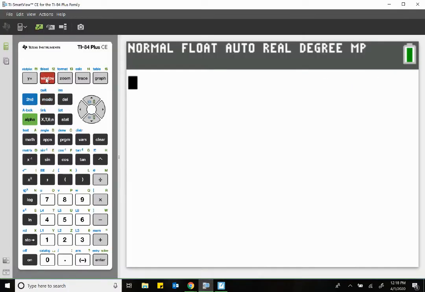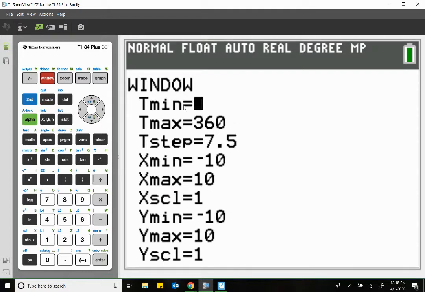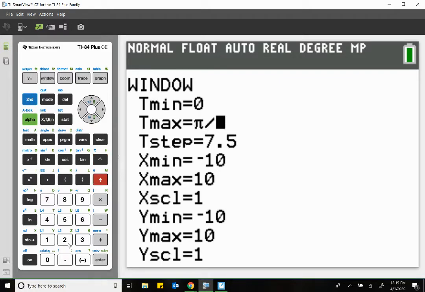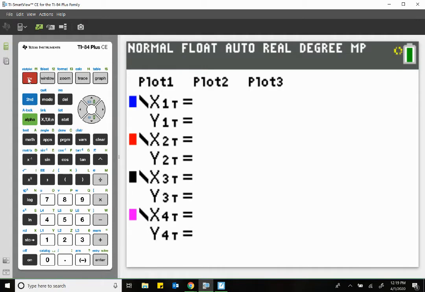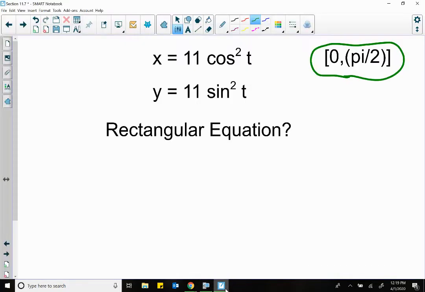So when you go into window, this is where that 0 and pi over 2 go. You can see that our minimum is 0, but come down here, we need to change the max to pi over 2. That's where that information goes. All right, so let's go back to Y equals, and all you've got to do is put these equations in, and it'll show you what the picture looks like. And then you just match it out of the 4 that are down below.